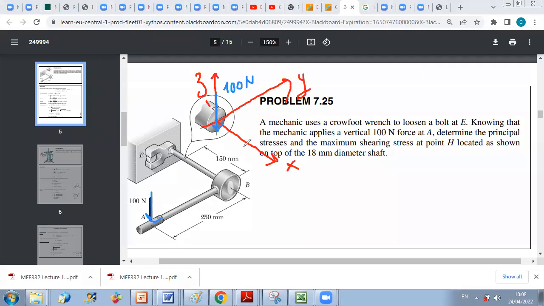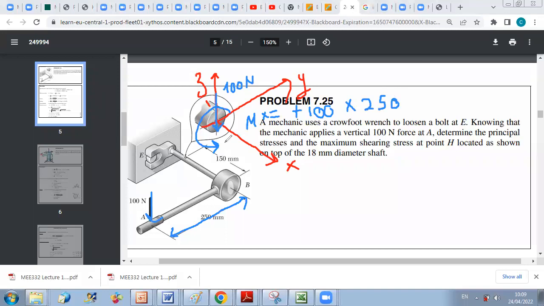This moment is in the positive x direction. So Mx is like this and is equal to plus 100 Newton times the distance from A to the x-axis, which is 250. Then you will get the value in Newton millimeter.